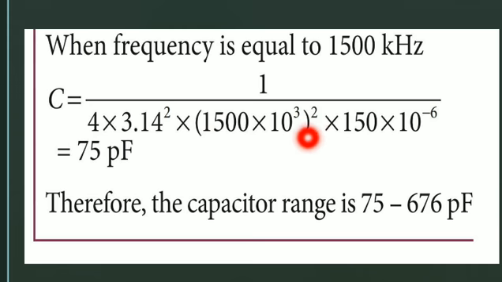Here 10 power 6 and 10 power minus 6 cancel. So we get 75 picofarad for the 1500 kilohertz frequency. Therefore, the range of the capacitor is 75 picofarad to 676 picofarad.